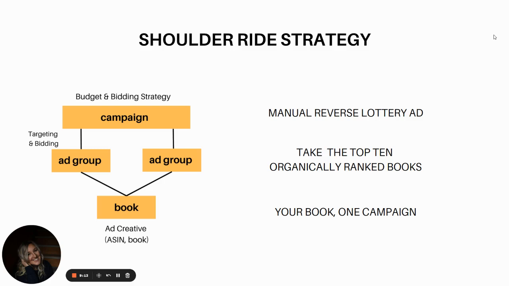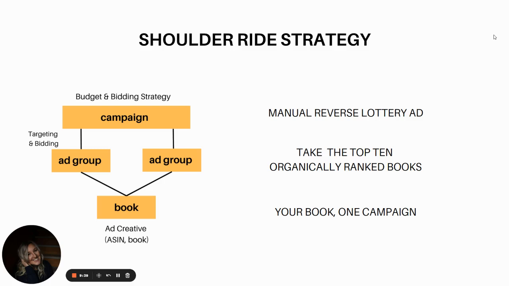I just want you to keep this in mind as you're running ads. If you want to try this strategy, definitely let me know. I love this shoulder ride strategy because it allows me to get customer information too, like what's working and what's not. It is a validation of what you've already been working on. If you're finding keywords that have low competition, this is amazing.